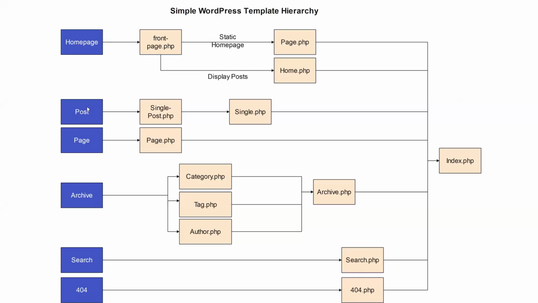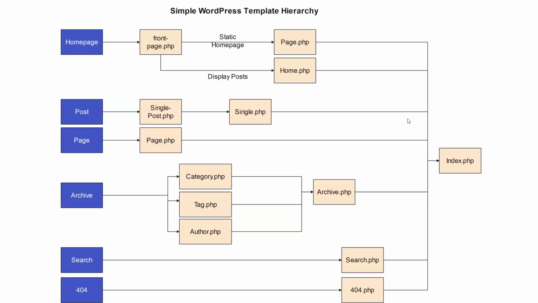However, every time you create a post, a news article, WordPress uses a single post template to display the posts. If there is no template for single post, WordPress will go to the page called index.